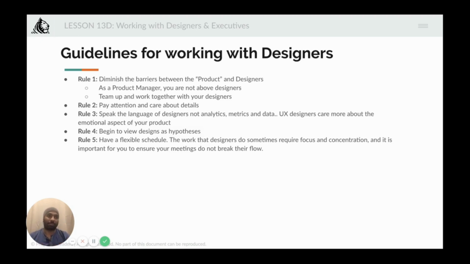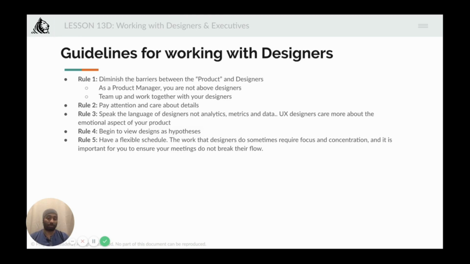At times, designers get involved at the very fag end of the entire problem solving exercise, which I believe is a waste because designers are also problem solvers. And a lot of times they will be able to fast track the entire problem solving exercise because they know the product in and out.